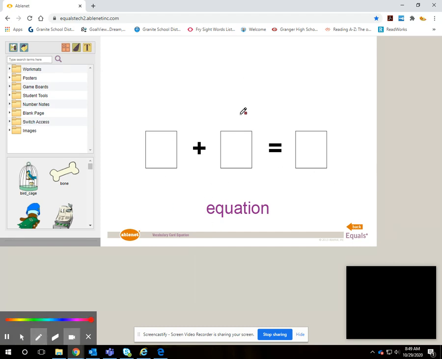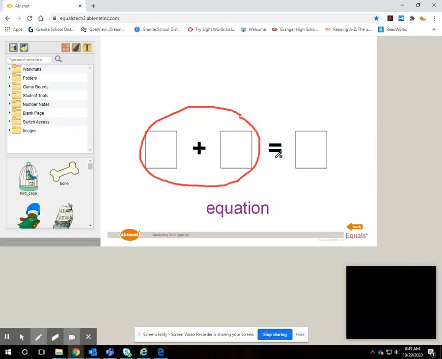It has the part on the left side of the equals sign, and then the part on the right side of the equals sign. And the goal is to make them, in fact, equal. So we have whatever is over here, we need to find out what that equals over here. And that is what an equation is all about.